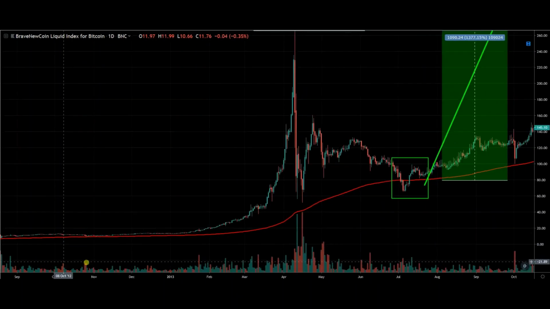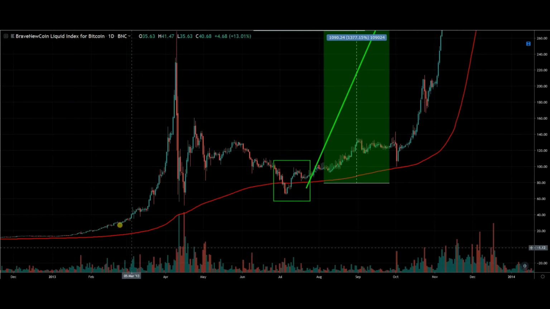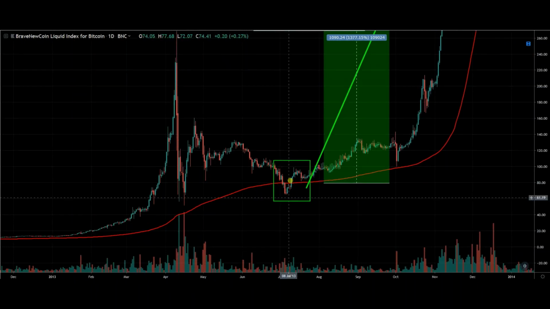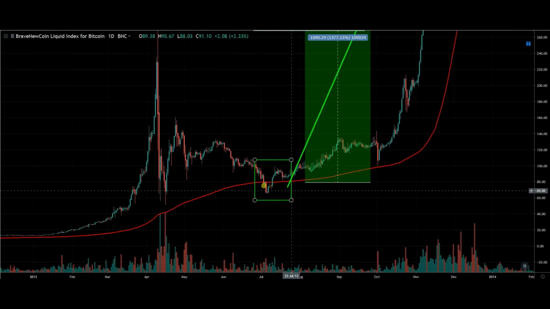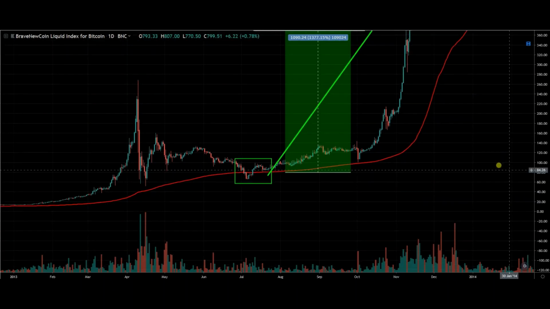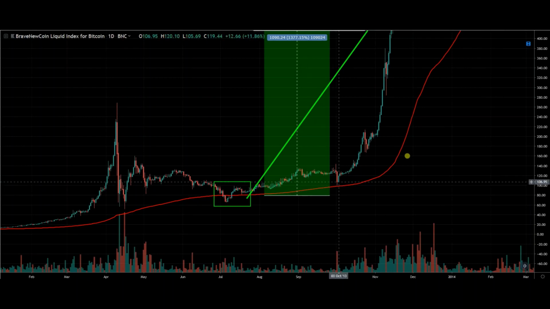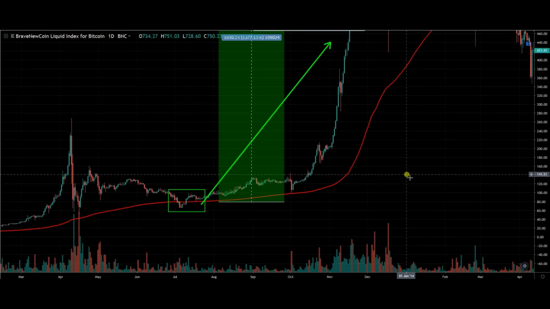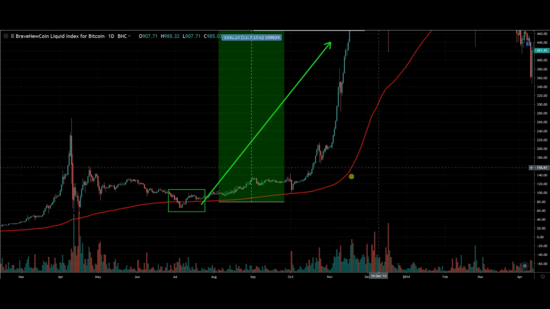But when price gets above the moving average, the first touch is what we're looking for. That is the buy signal. The first touch is the higher probability trade. And the second touch and the third touch and so on, you'll see as we go through this, of course you can buy them, but it's the first touch.